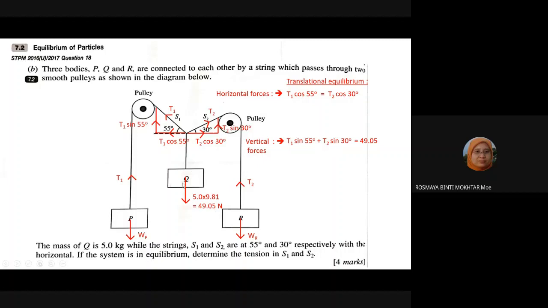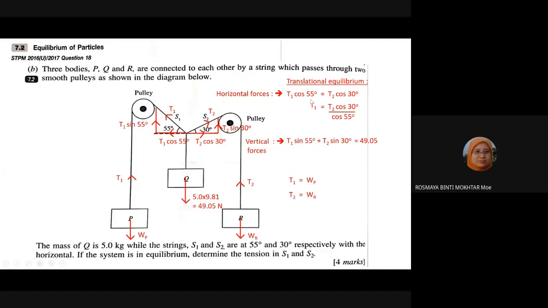We use the separate bodies method for Q, and then for P also the same: T1 equals WP, and R also the same: T2 equals WR. So there are three bodies here, so we separate the bodies, but actually T1 equals WP and T2 equals WR, so we can just use this one.